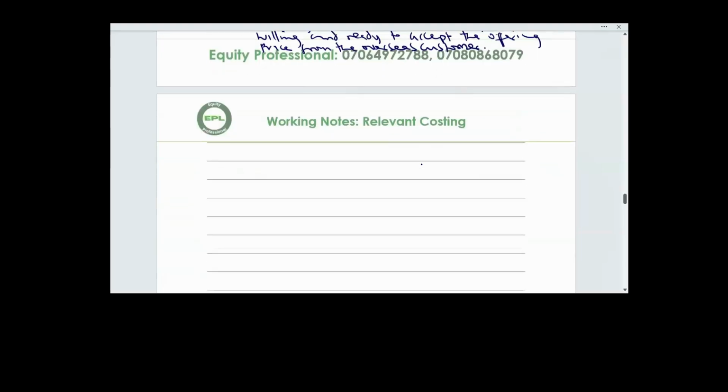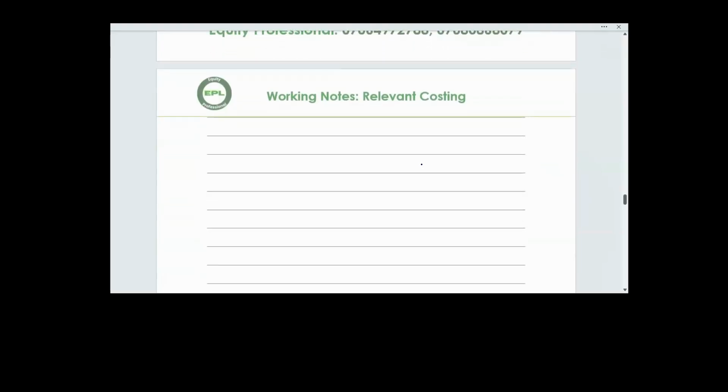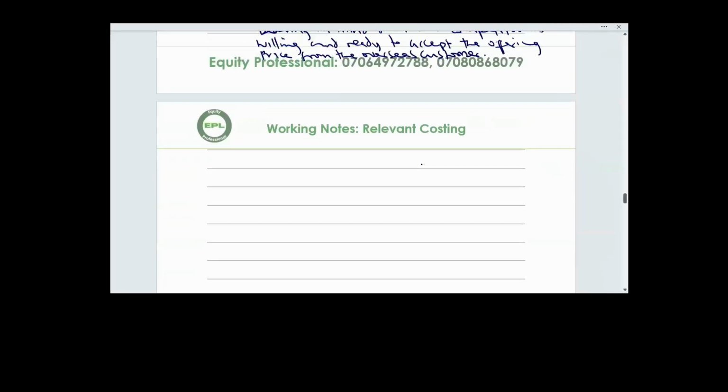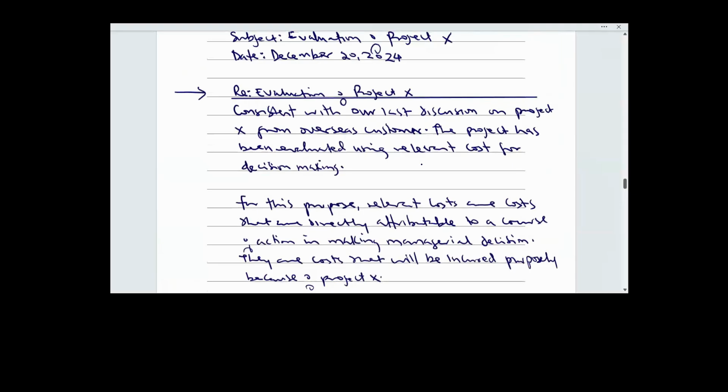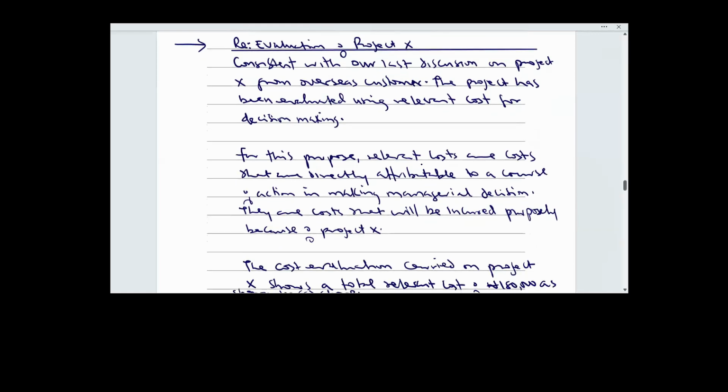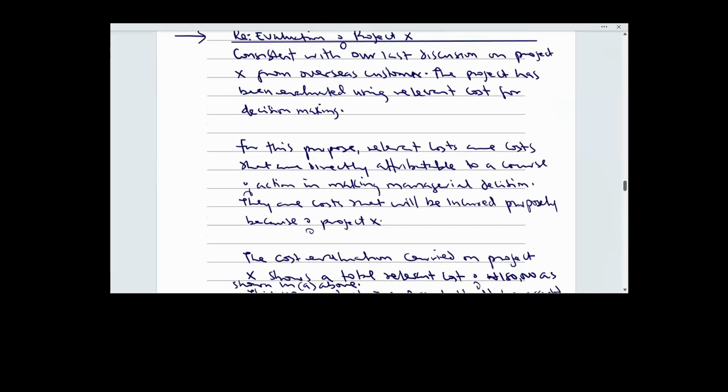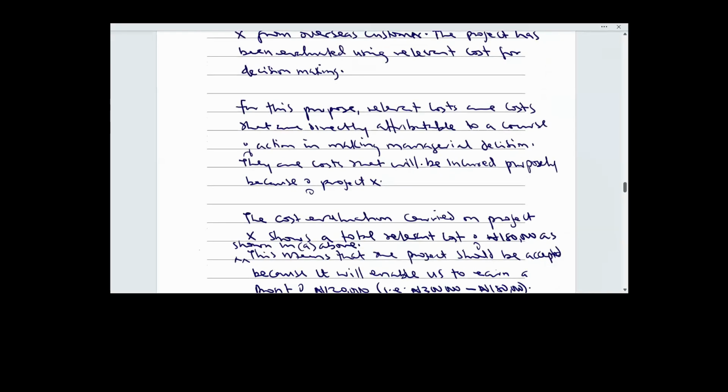Okay. Then finally, this is the conclusion. I've already made my point to management. We started with the introduction, whereby I told management that we have evaluated this project using this particular method, and we went ahead to explain what that method really means.